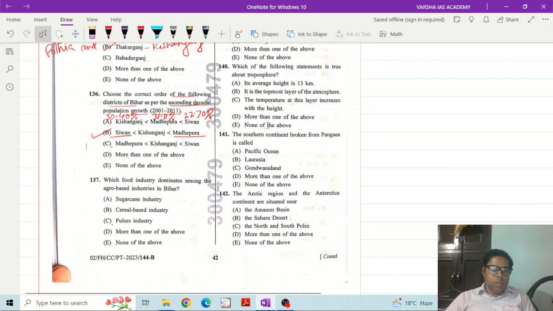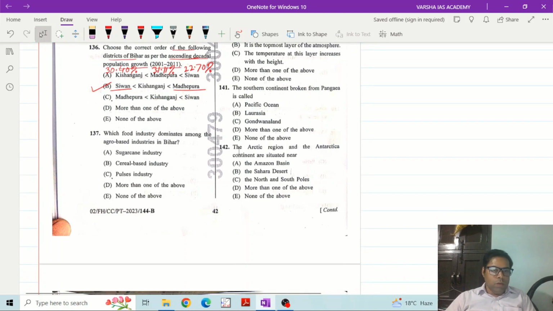Right? This is also a state geography question. Next question is 137. Which food industry dominates among the agro-based industries in Bihar? So we have to focus on agro-based industries. Right? That is the main focus of this question in Bihar. Sugarcane industry, cereal-based industry, pulse industry, more than one of the above, and none of the above.